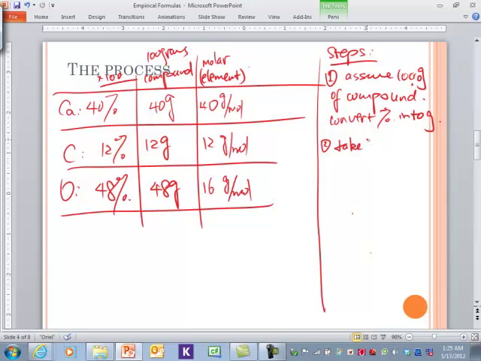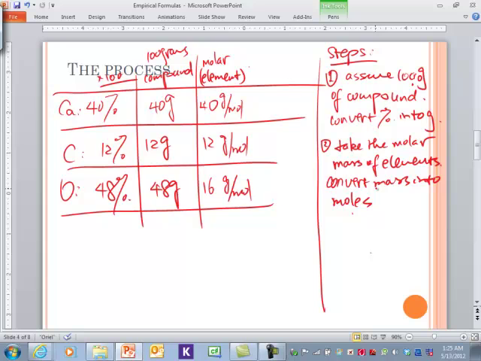Take the molar mass of elements, convert mass into moles. Okay, in this case, you take 40 grams divided by 40 grams per mole.